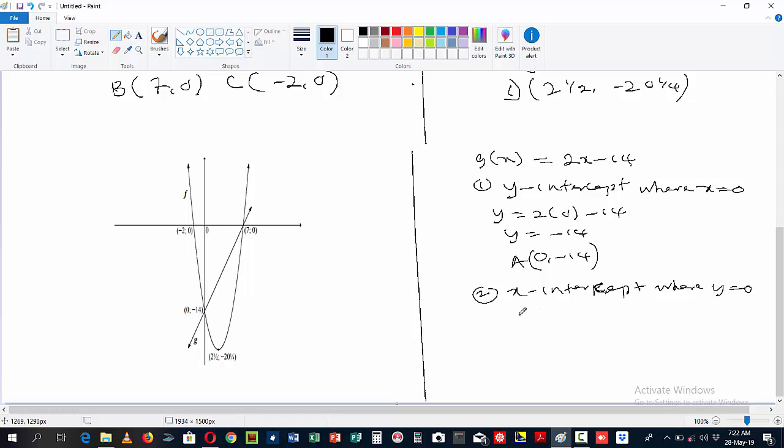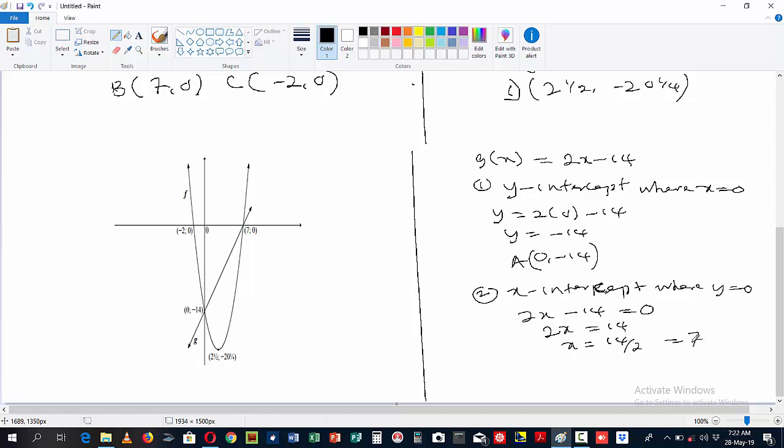Now we have 2x minus 14 equal to 0. 2x equal to 14. x is equal to 14 divided by 2, which is equal to 7.